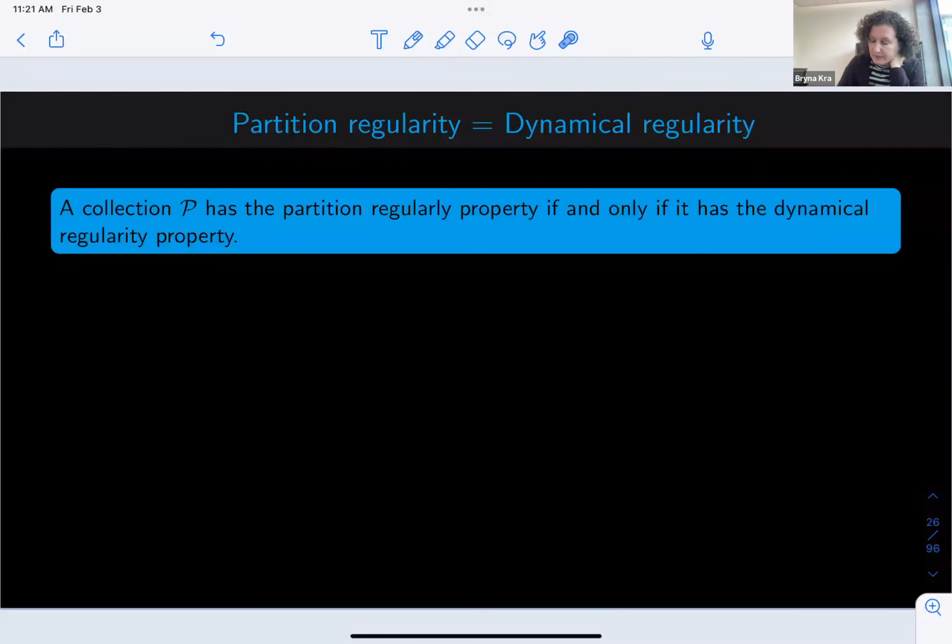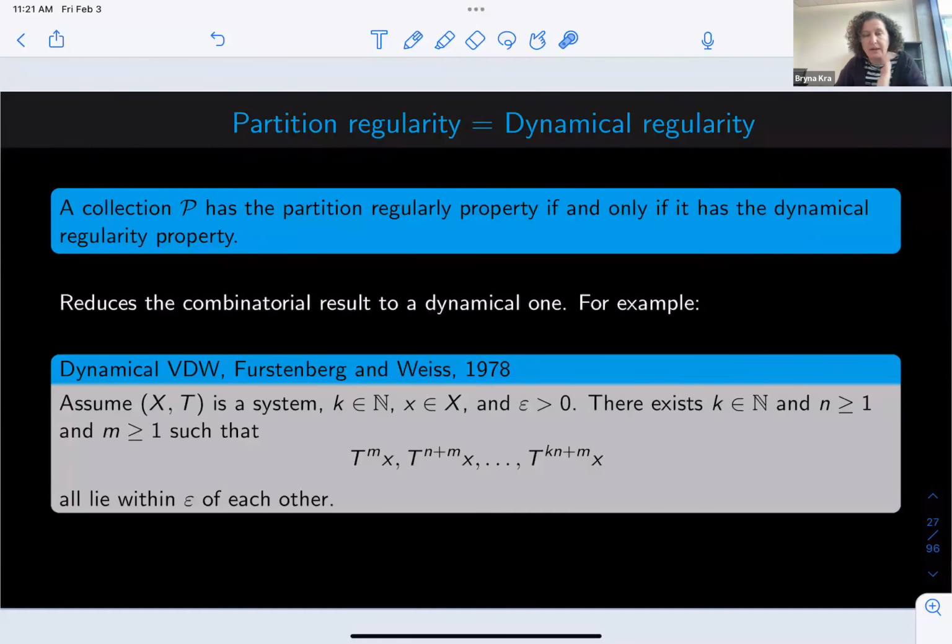All right, so here's an example of what the dynamical statement is, because all we did was translate, right? You still have to prove the dynamical statement, which we just haven't done yet. So this is an example of the dynamical van der Waerden theorem, the one that Furstenberg and Weiss proved in 1978. It said, if you give me any system, any length K, which is going to be the length of the arithmetic progression that we're looking at, any point and any epsilon.